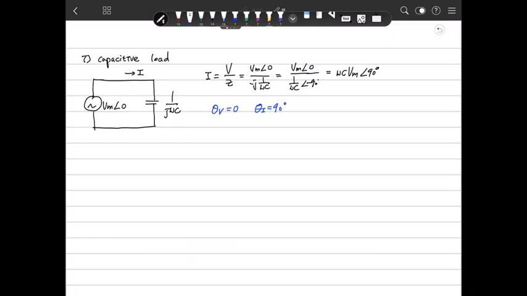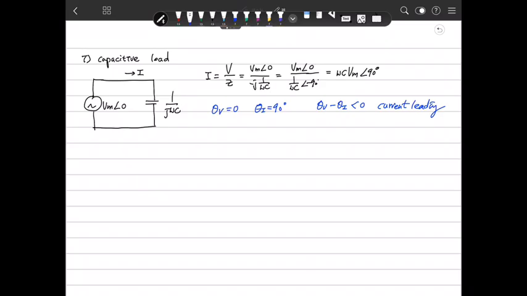Therefore, theta V minus theta I is negative. The current is leading. So when it is a capacitive load, the power is the leading power.